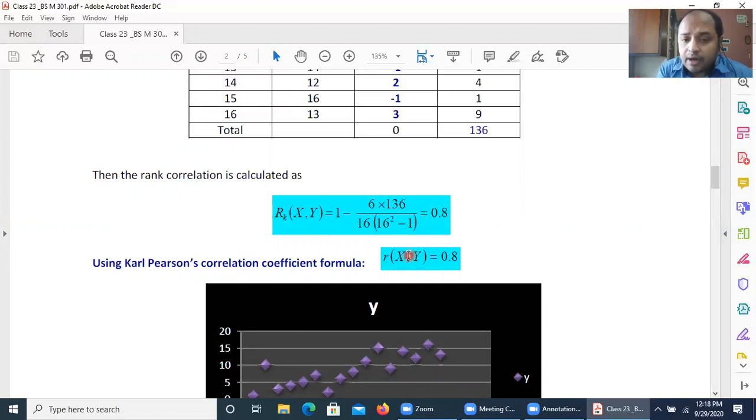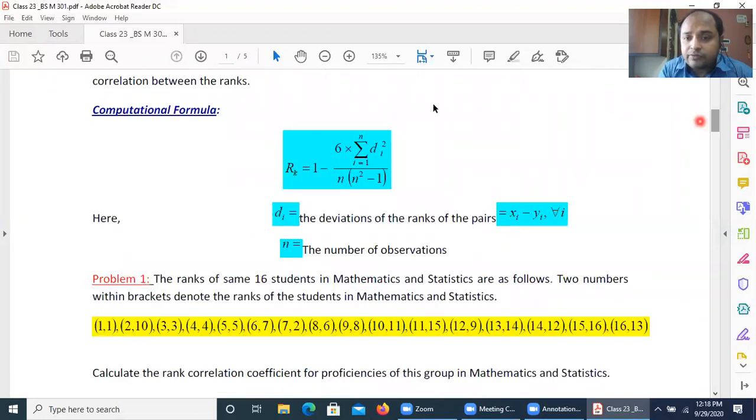It is simply because the rank correlation coefficient, or Spearman's rank correlation coefficient formula, is a special case of Karl Pearson's correlation coefficient formula. I have not shown the derivation of Spearman's formula, which can be derived from Karl Pearson's formula.